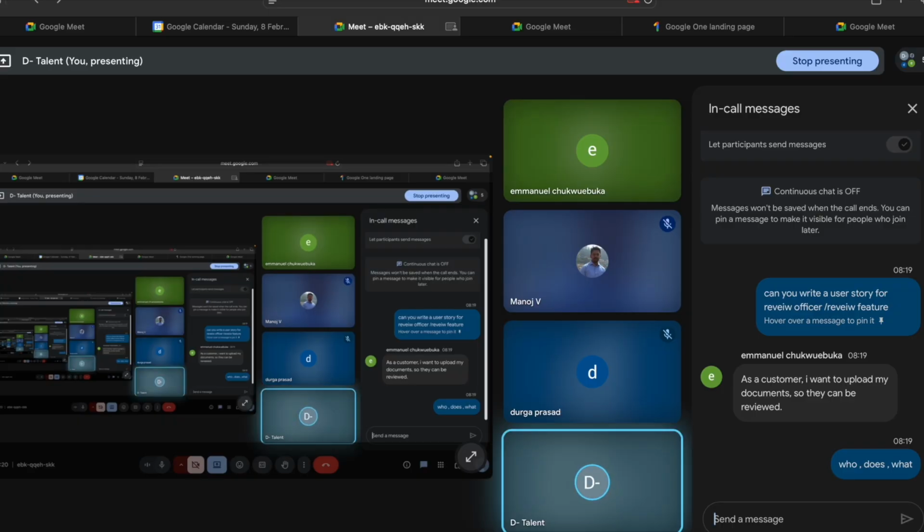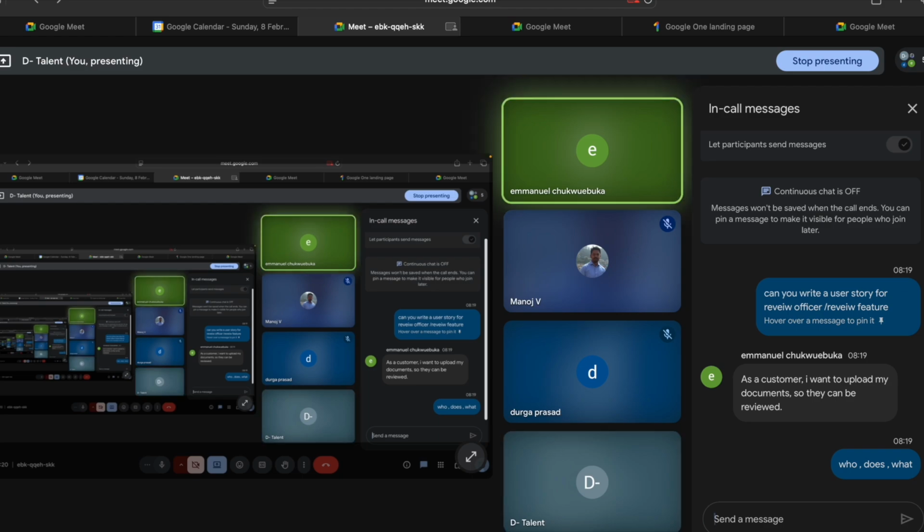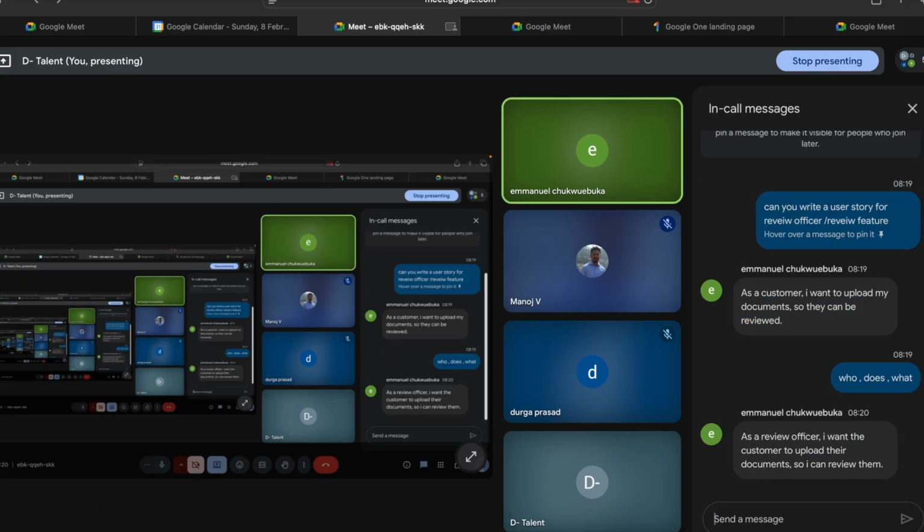Okay, so here you can see my screen, right? My mouse, right? Can you see? So here you see who is, this is right. So now loan officer, yeah. Okay, so I want the customer to upload their documents so I can review them. So our assumption, customer already uploaded, right?